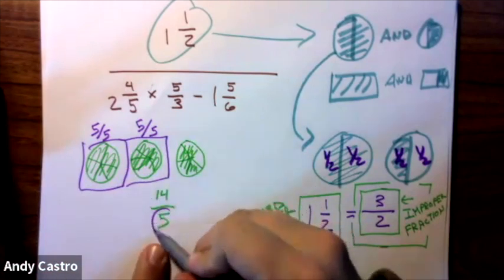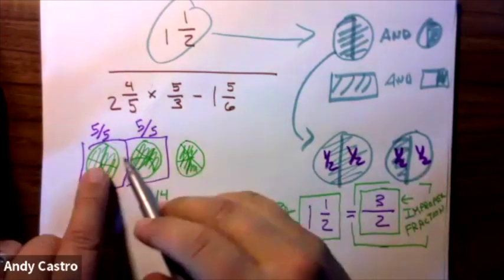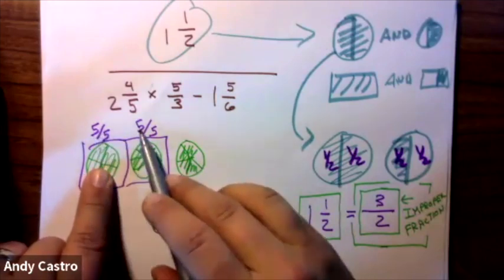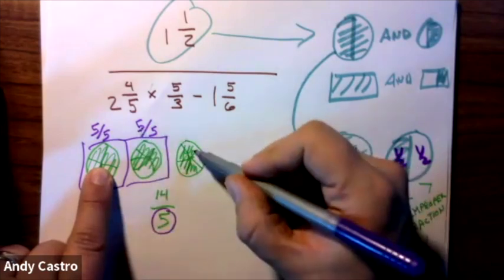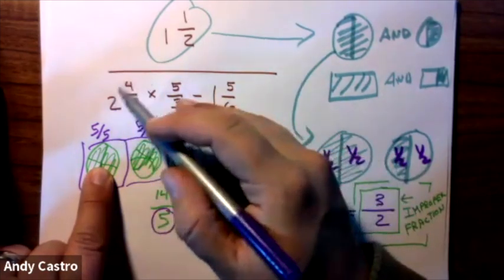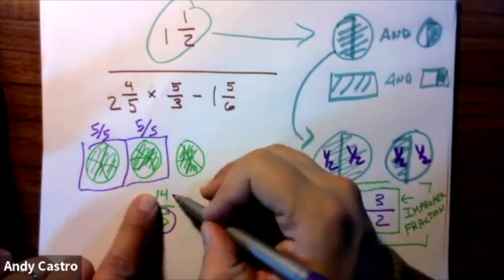So we know that the denominator is going to be fifths. And I know that two wholes is going to give me 10/5 because I'll have 5 here and 5 here. Then whatever I have over here, that's the other part of my mixed number. I just have to add that. So adding that 4 would give me 14.